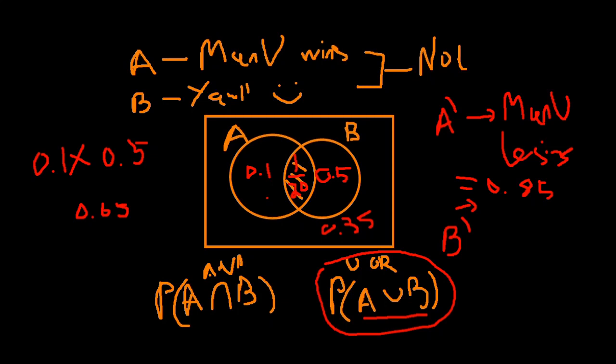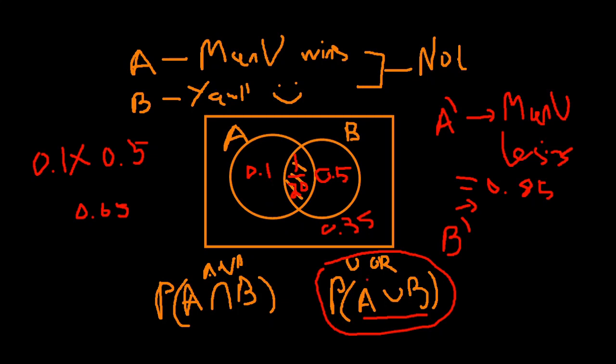But now there's an issue here, because we're counting that 1 over 20 twice. So this union just means add up all the probabilities in A. Take the probabilities from A of A happening, that's 0.1 plus 1 over 20, and then add it to the probability of B happening, which is 1 over 20 plus 0.5, right? But now you count this intersection twice.